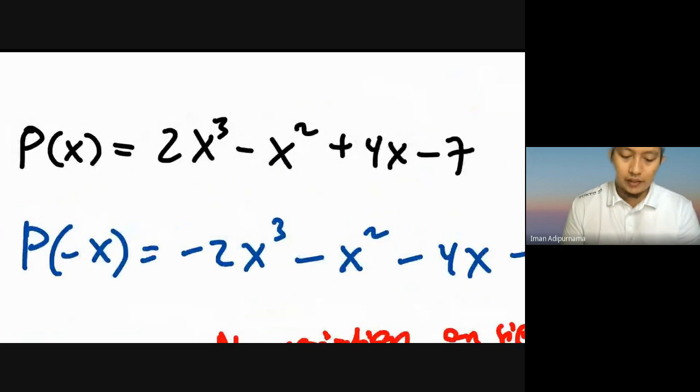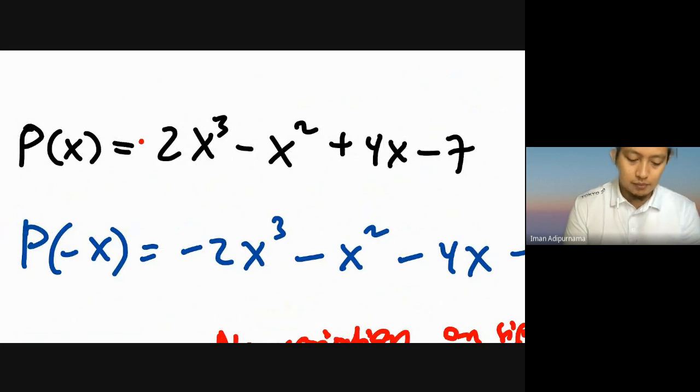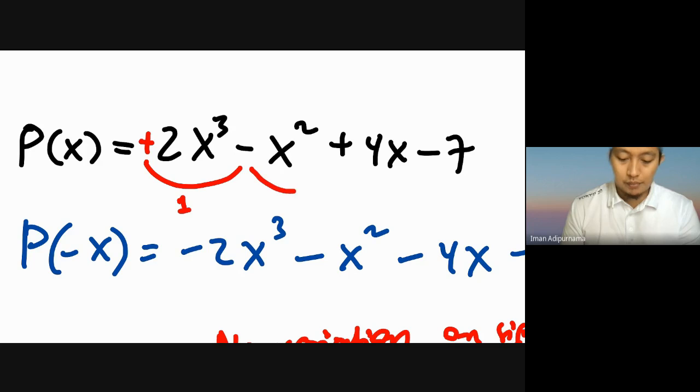If you look at this, the signs are positive, negative, positive, negative. From positive to negative there is one change, negative to positive is two variations of signs, and then three variations of signs.